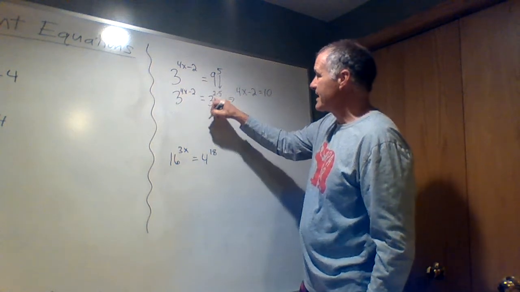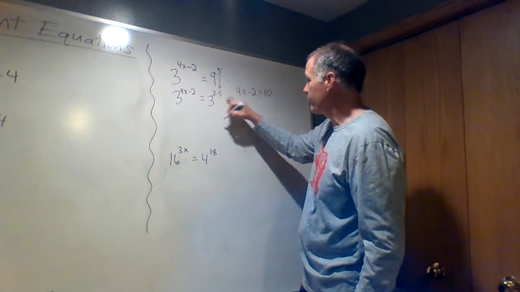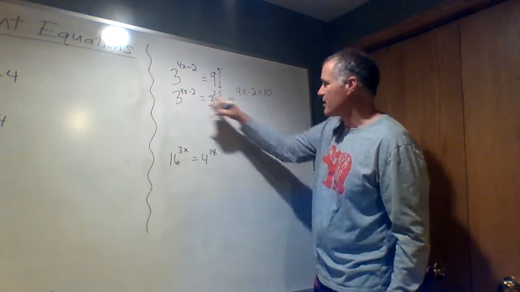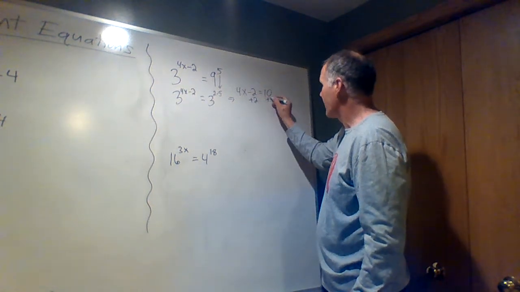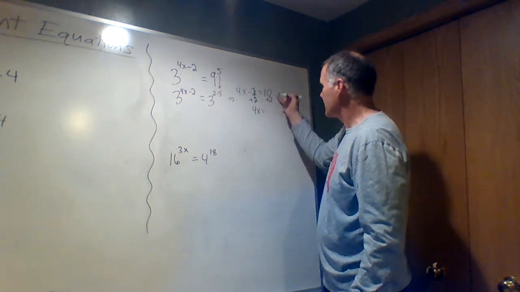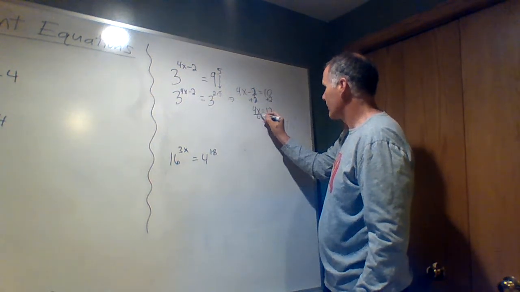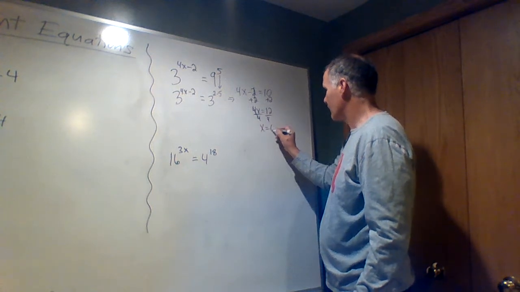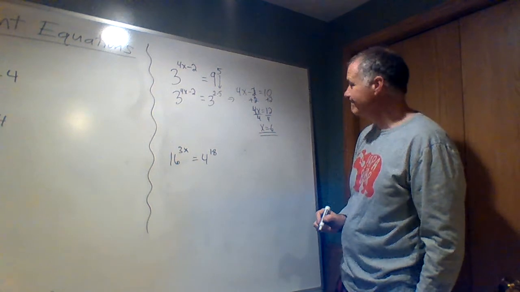So 9 becomes 3 squared. I already had a 5 there, so the square goes with the 5, makes that 10. The other exponent, 4x minus 2, just comes over. Now again, just Algebra 1. Get rid of the minus 2 with a plus 2. 10 plus 2 is 12. Divide away the 4. X equals 6. There we go.